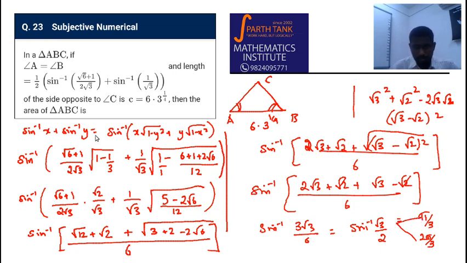How to choose? If you see carefully this term here, root of 6 plus 1, numerically how much is it going to be? Root 6 is around 2.4, plus 1. 2 root 3 is 2 into 1.732, also about 3.4.